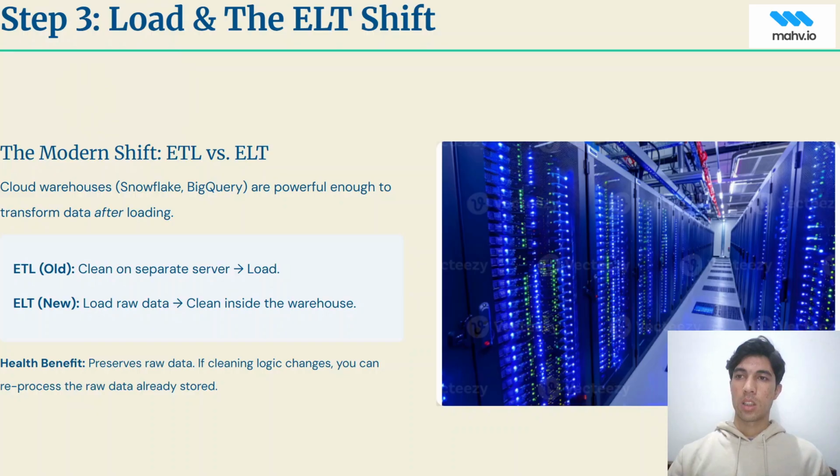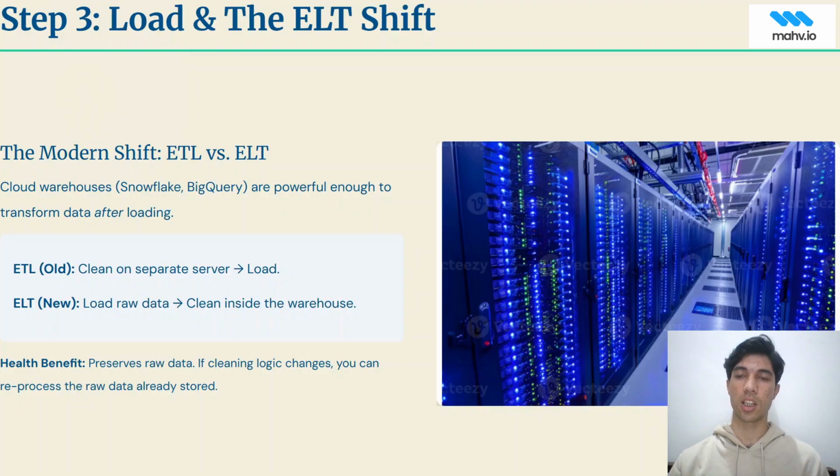Then there is the load step, and also the ELT shift. Traditionally, what we did was we first extracted the data from different sources, then we transformed that data on a different server, and then loaded it into our data warehouses. But the modern shift is from that approach, from ETL to ELT.